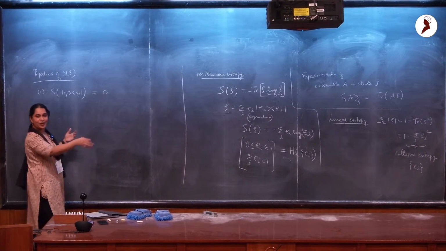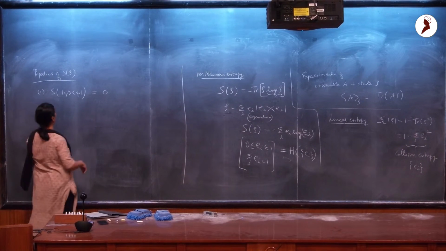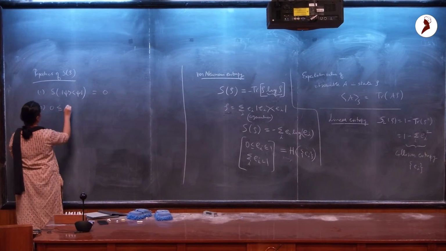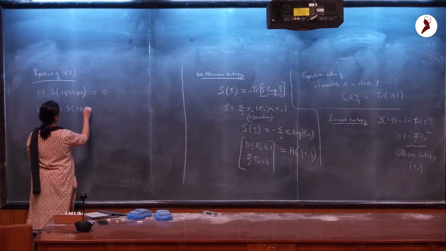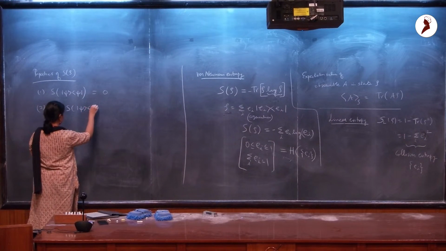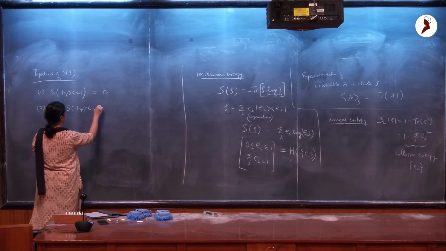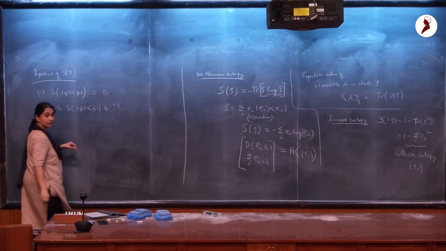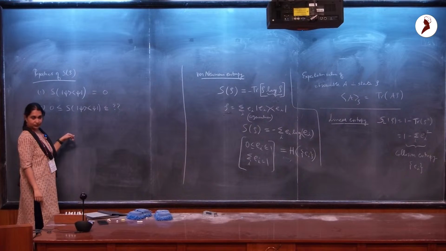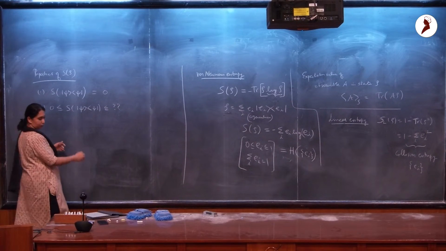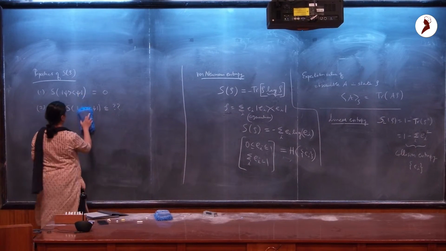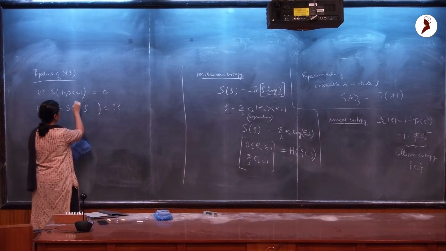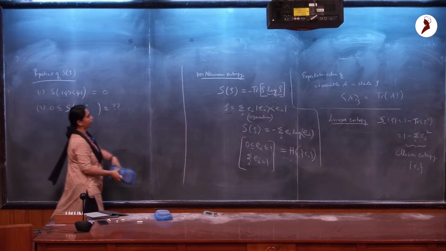I'm going to say this very often over the course of the next 1 hour. The question now is, what is the maximal value that this can take? For a general density matrix, you can see that it's always positive just from the way the function is defined.